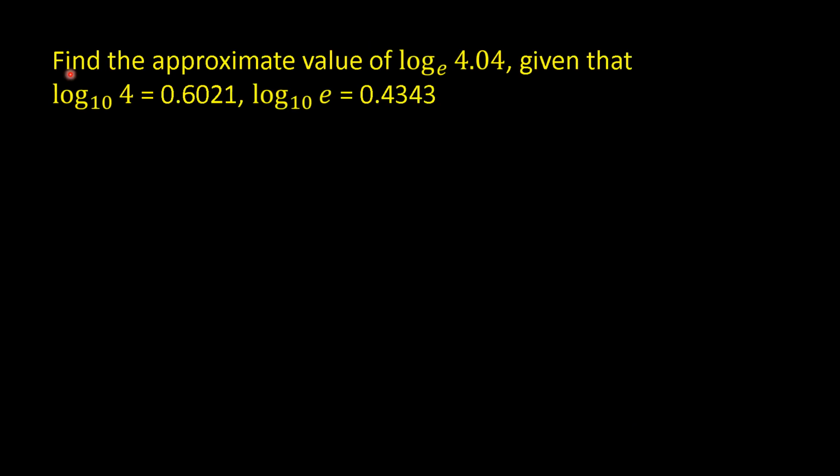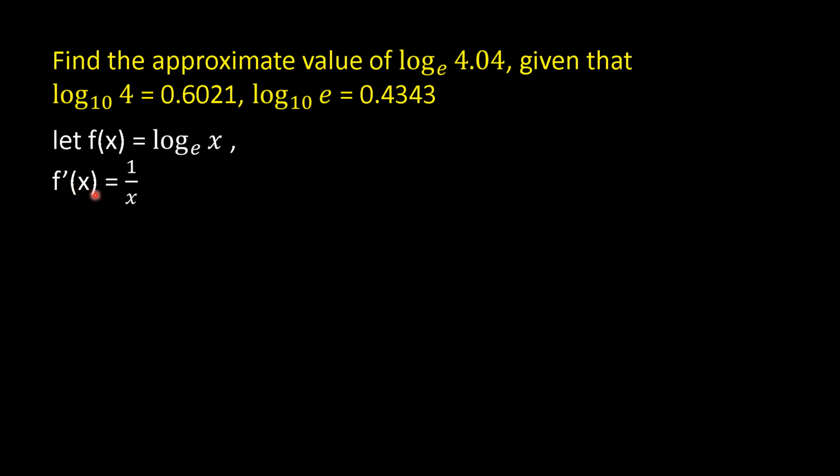Find the approximate value of log 4.04 to the base e, given that log 4 to the base 10 is 0.6021 and log e to the base 10 is 0.4343. Let us assume f(x) equals log x to the base e, because we have to find the value of this.